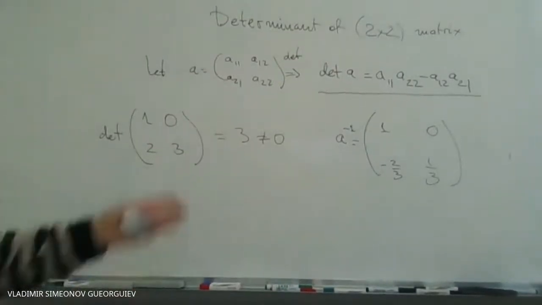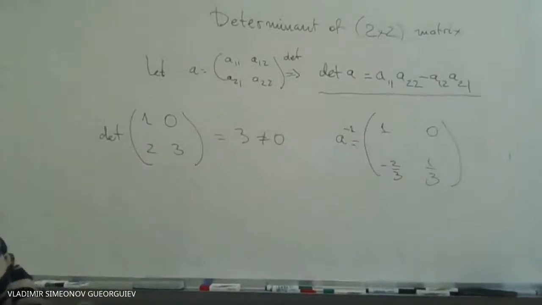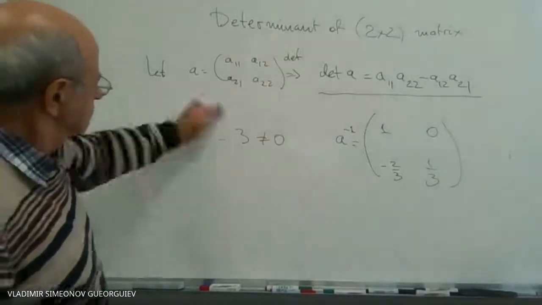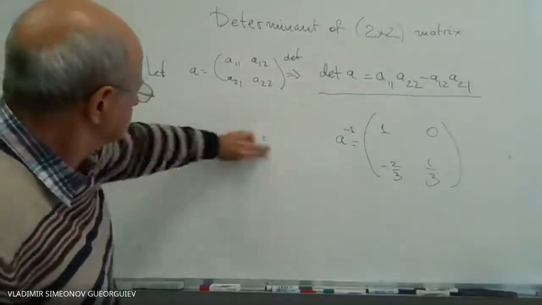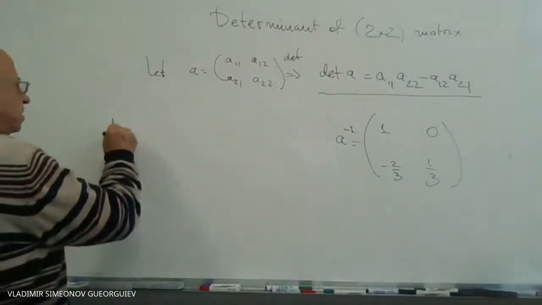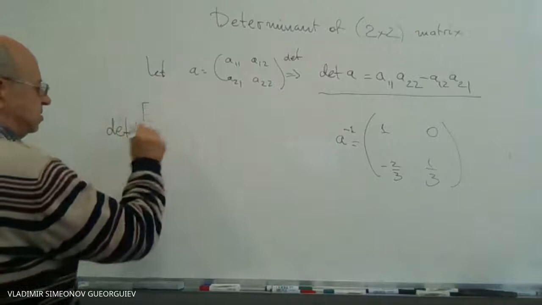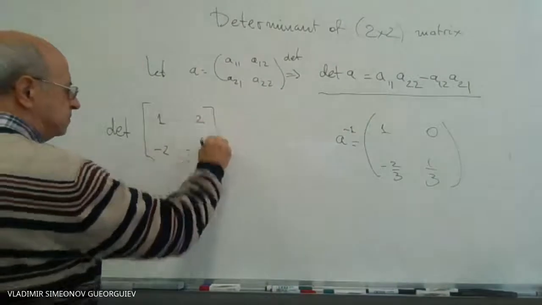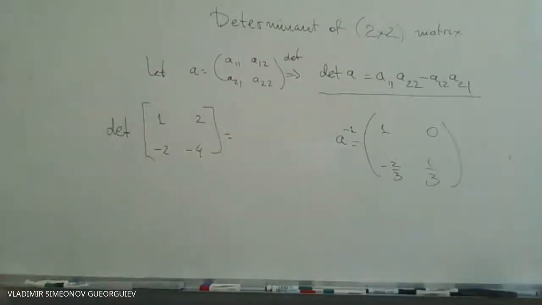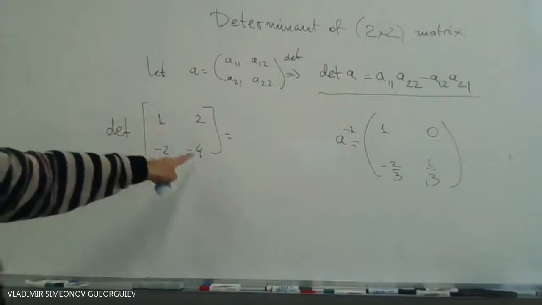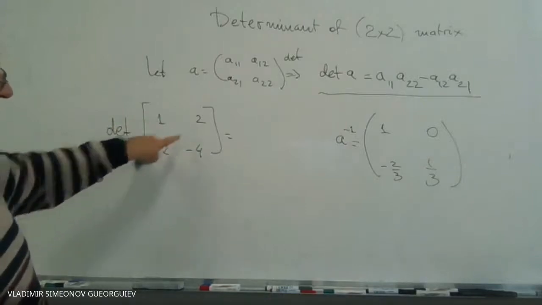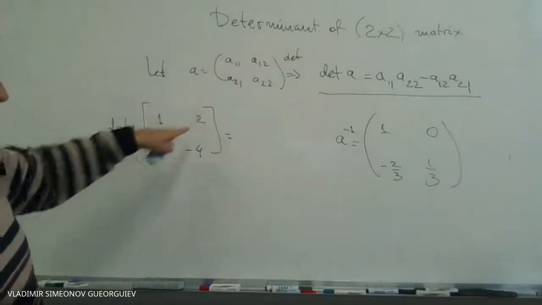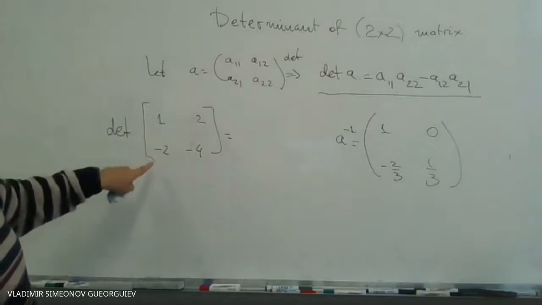Okay, let us take another example of a determinant. What can you say about the determinant of this matrix, 1, 2, minus 2, minus 4? What is the result? We have this by this minus this by this, minus 4 minus, and since minus 2 times 2 is minus 4, minus minus 4 becomes plus 4.